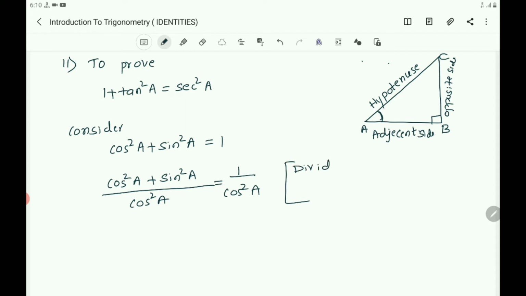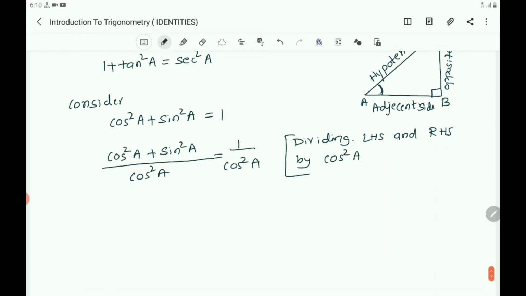Dividing both LHS and RHS by cos square A. Then you do the separation here, cos square A by cos square A plus sin square A by cos square A.